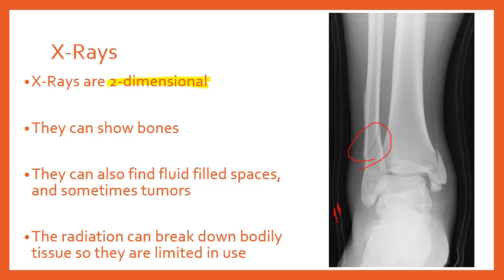But really, it's quite good at taking pictures of bone. It's able to see fluid-filled spaces. Sometimes it can see tumors because they're a little bit different in shape and size than the tissue around them.